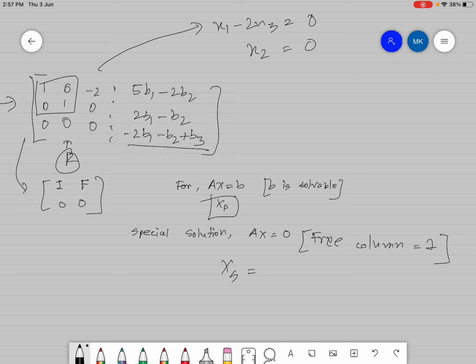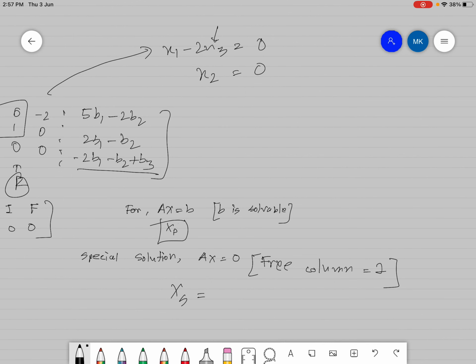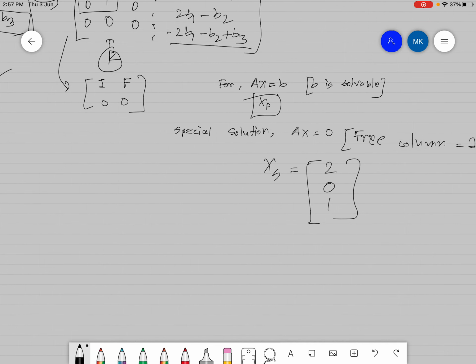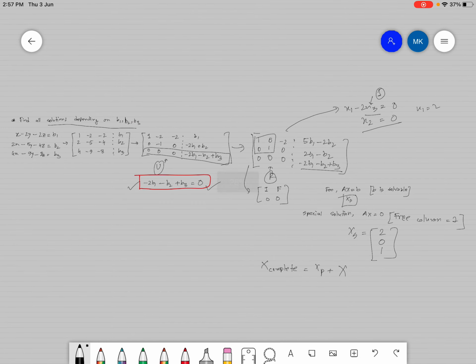And the free column is 1, so this has to be assumed as 1. So x2 is 0, x3 is 1, and x1 is 2. So the special solution is 2 0 1. Okay, so the x complete is basically xp plus xn.